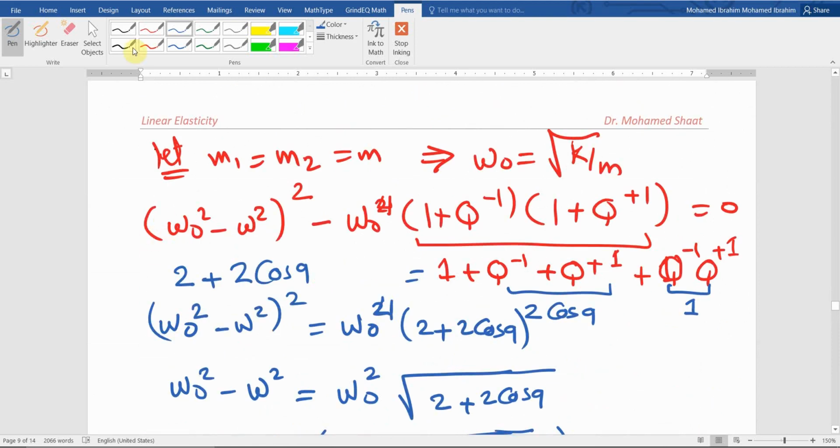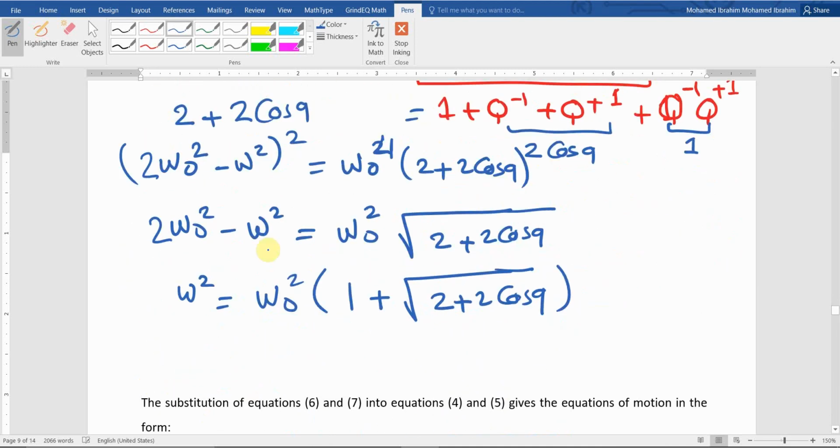So I forgot 2 here, so there should be a 2 in this term here, and as well in this part, like 2 omega 0 square. Also here we're going to have 2 omega 0 square. Then if you move this omega square and this one, we end up with 2. There should be 2 here. Make sense? Now it should be fine.